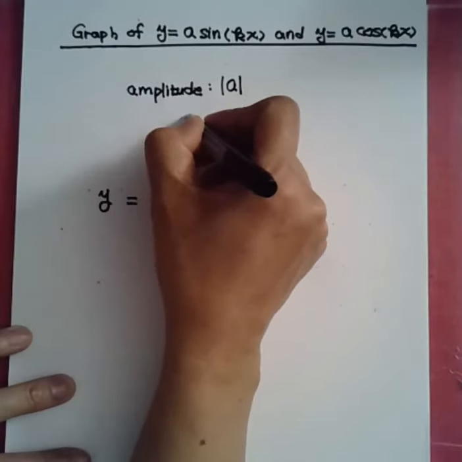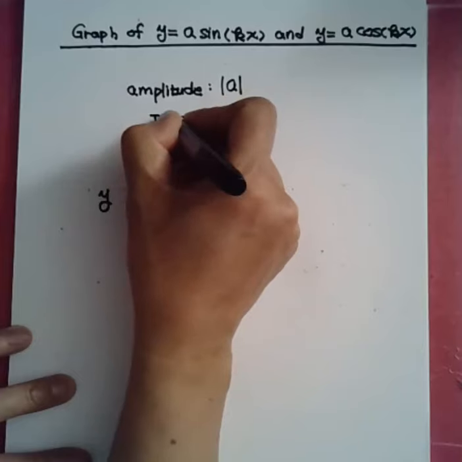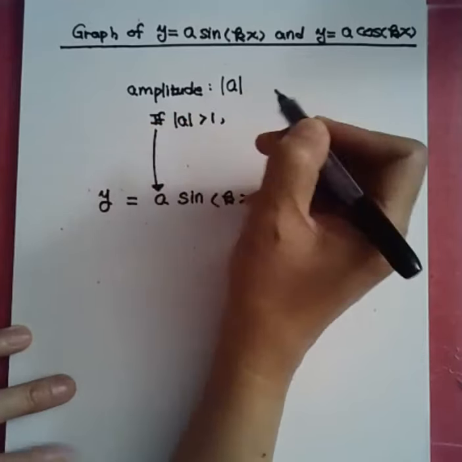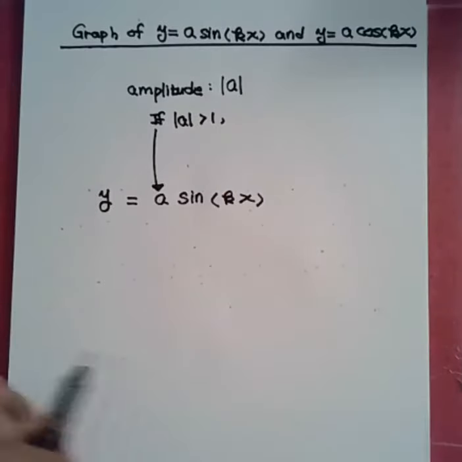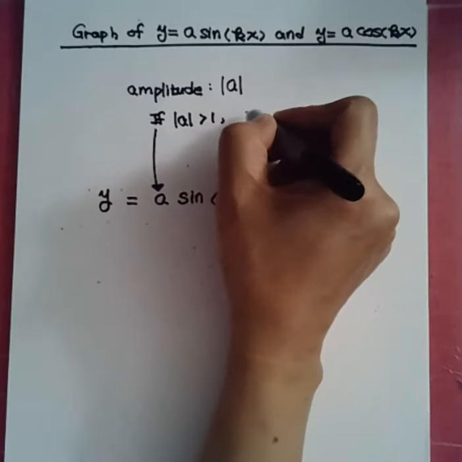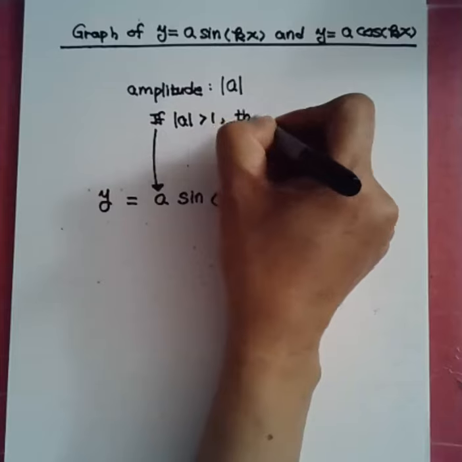If the absolute value of a is greater than 1, like 2 or 3, then that is a vertical stretch.